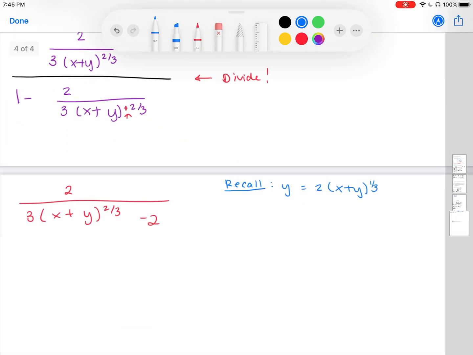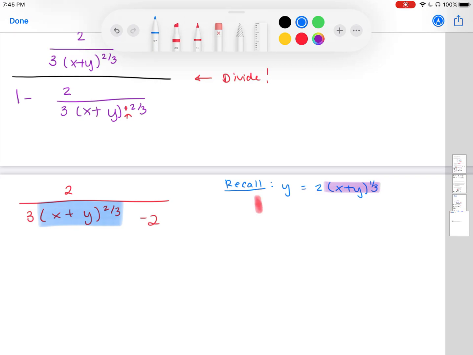Okay, well, would it be nice if we were able to get rid of this (x plus y) to the 2/3 power? Well, how can I make that happen with this 1/3 power? Well, I can square both sides.